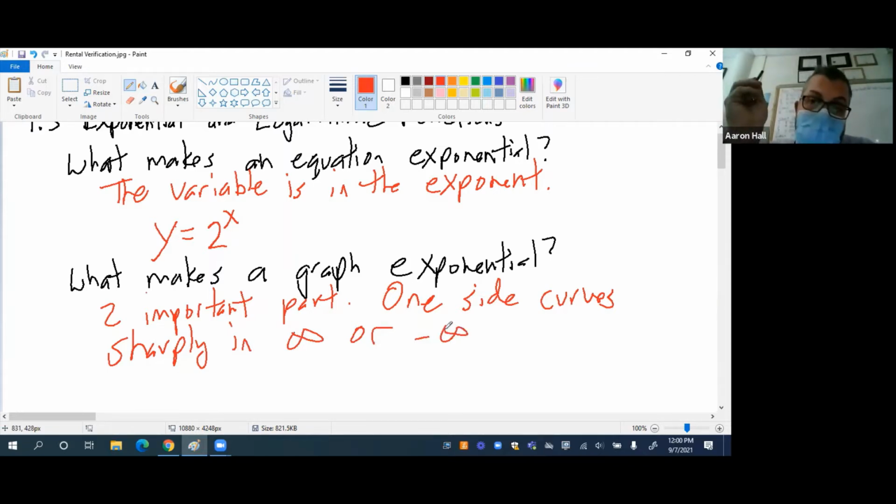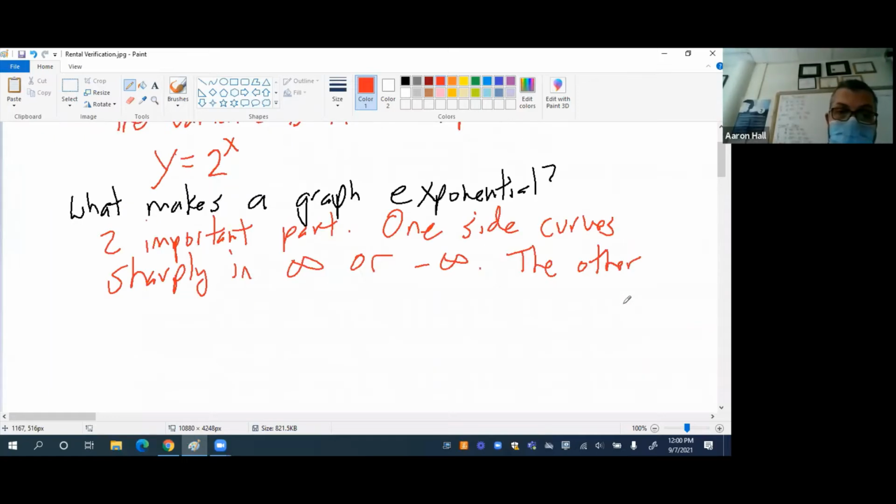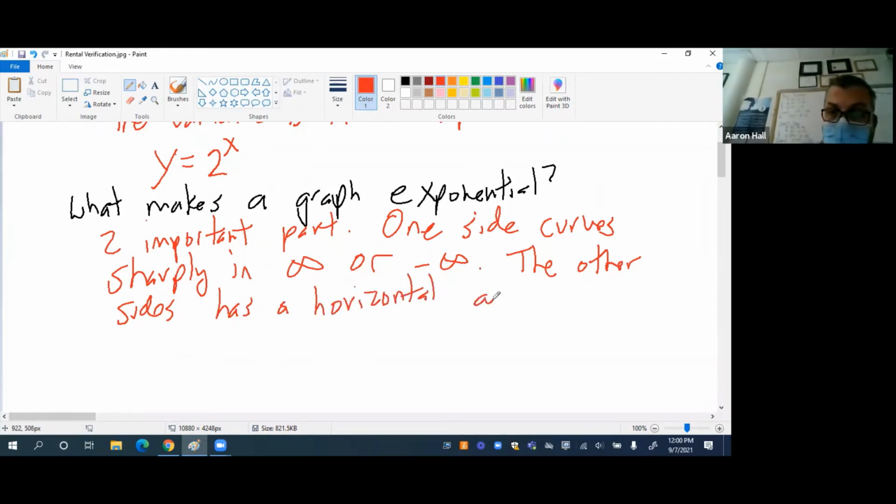And the other side has to have a horizontal asymptote.